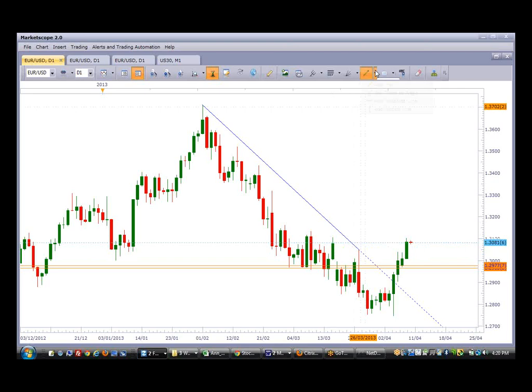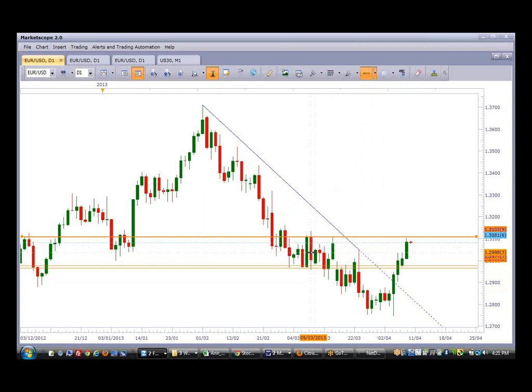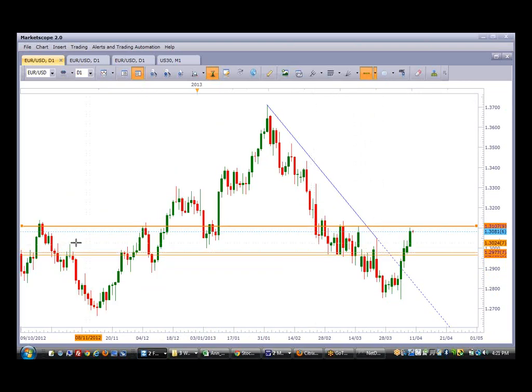We can also draw our horizontal lines here. Okay, so that will be the next supply area. This will be our demand area right here, and it's a very good supply area at the moment. If it breaks that, then it will move further to the upside.